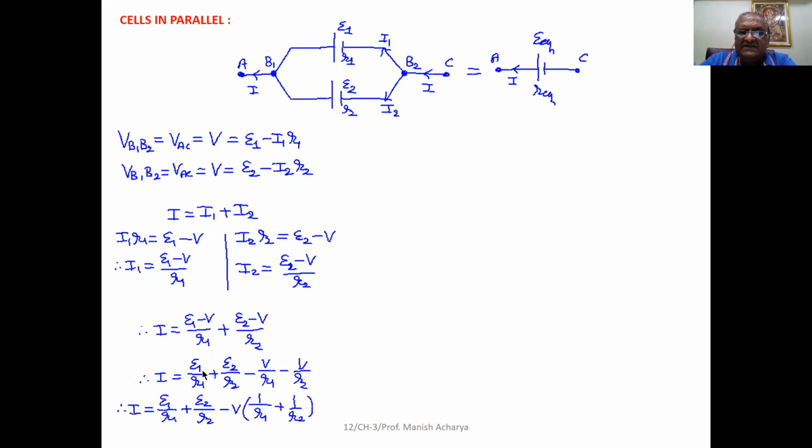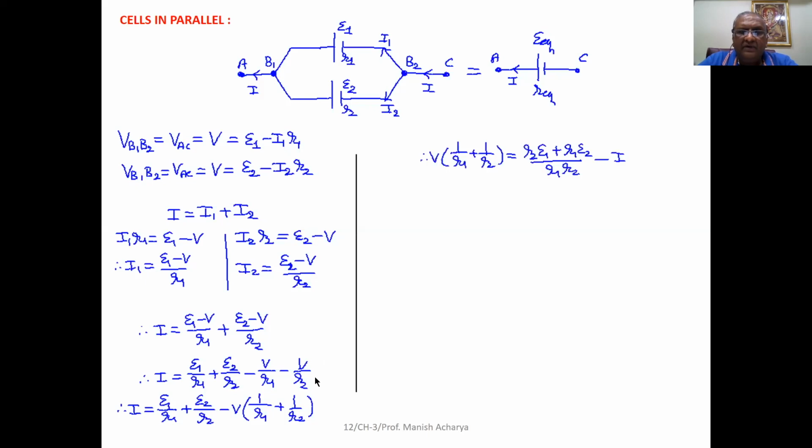Therefore, I equal to E1 upon R1 plus E2 upon R2 minus V upon R1 minus V upon R2. So I equal to E1 upon R1 plus E2 upon R2 minus V into 1 upon R1 plus 1 upon R2. Clear up to this one?